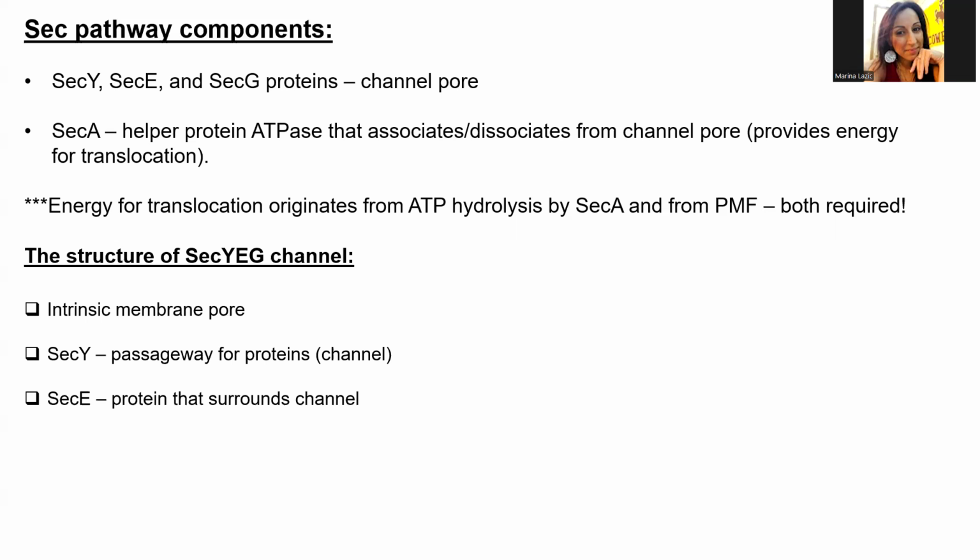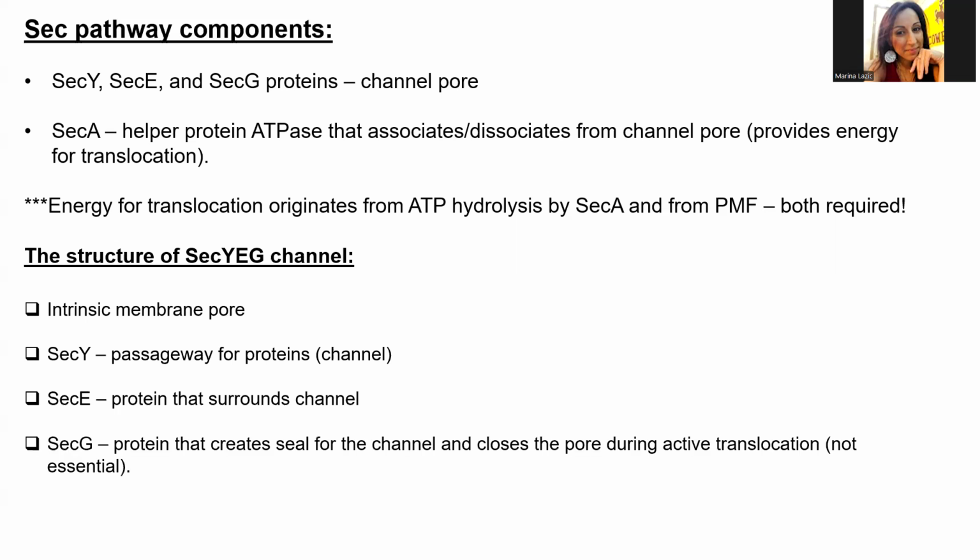That's the second one in line. And the G is, if you think about the pore and then all around little dots of SecE, then what closes it is G. And SecYEG is in the middle, but SecA is an ATPase. It's a chaperone, and you will see in a few minutes how that works.